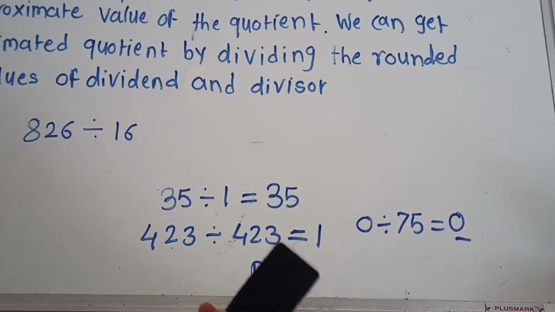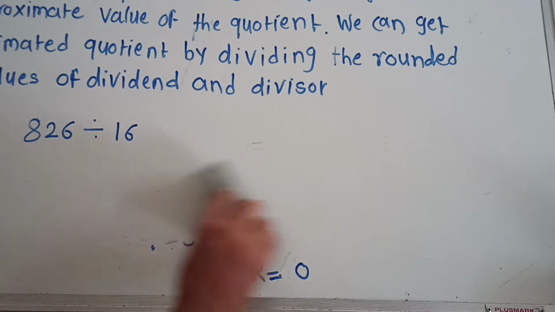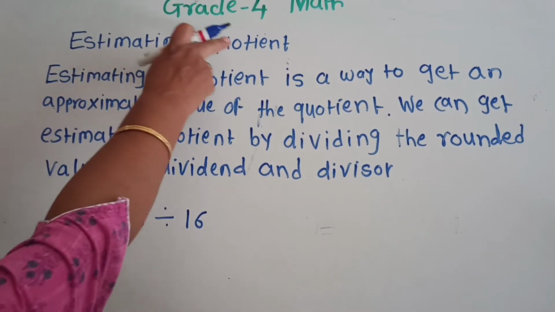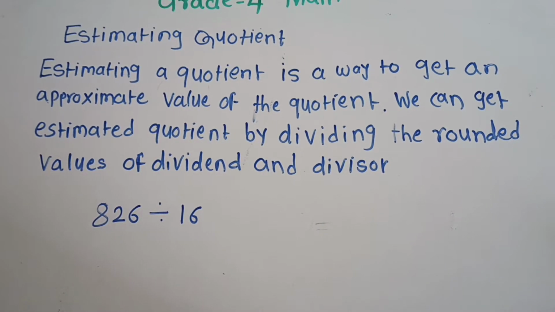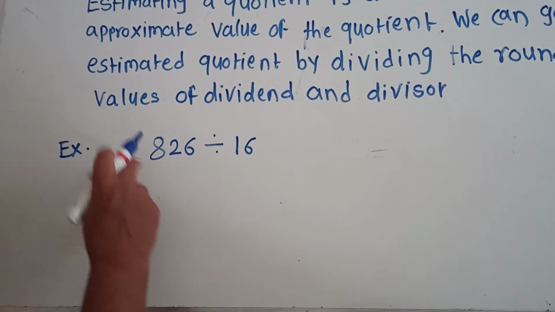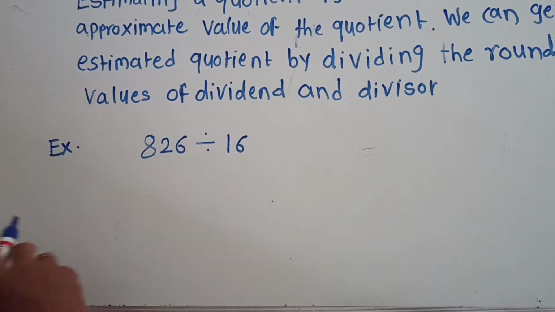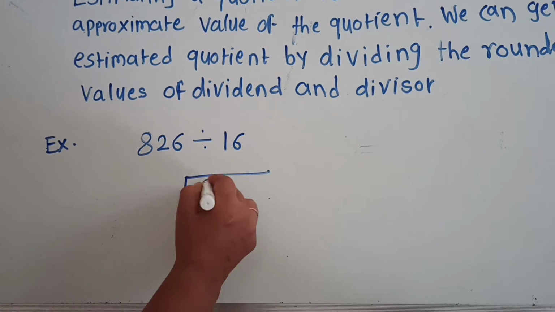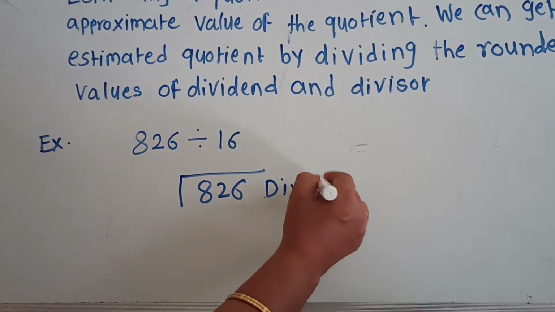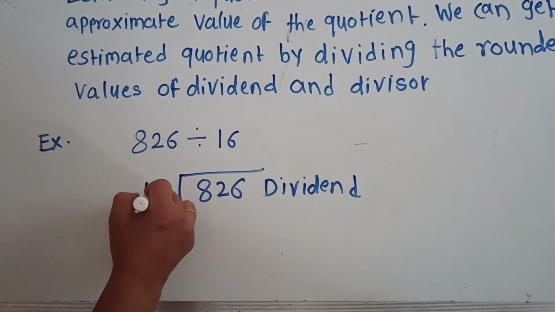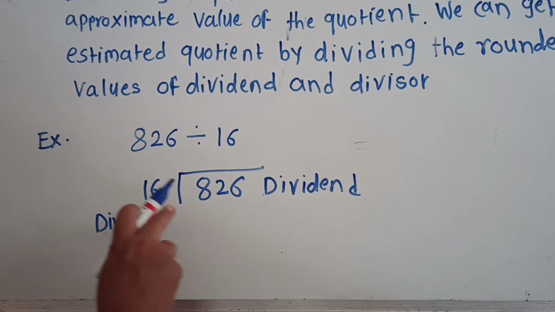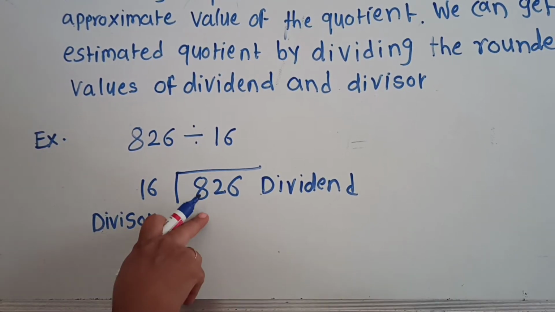We have learned this in the previous session, and today we are going to learn estimating quotient. Here is one example: 826 divided by 16. 826 is the dividend and 16 is the divisor.